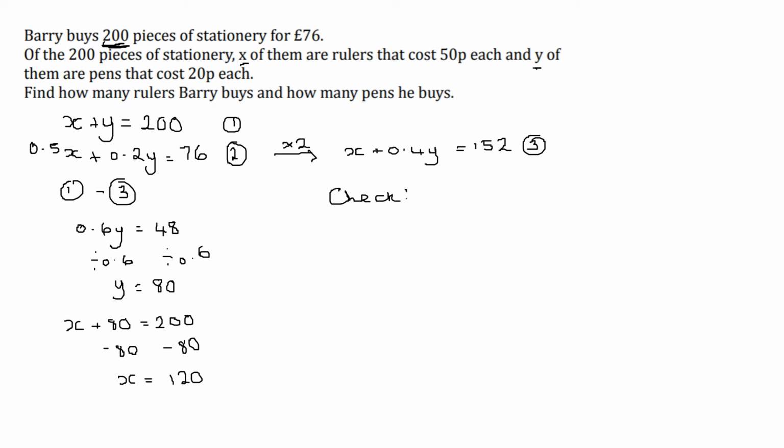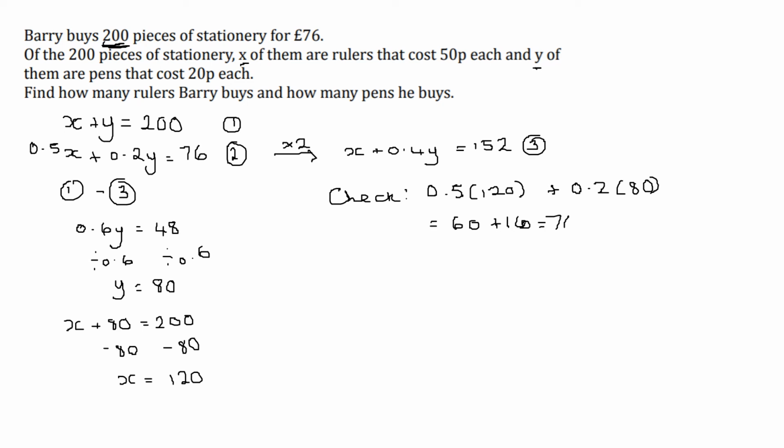Now let's check. And we're going to check by substituting the values we found of x and y into equation 2. So we're going to have 0.5 times 120 plus 0.2 multiplied by 80, which will give us 60, add 16, which will give us 76.